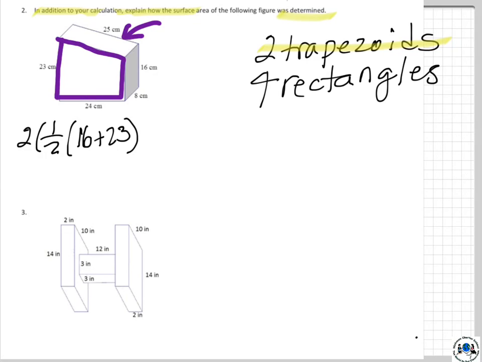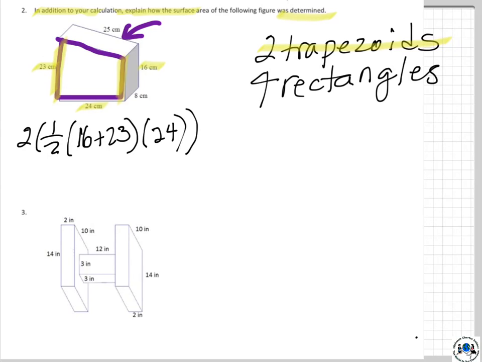Here again is my formula for a trapezoid. Remember, it's half, and then the two bases. This is the 23 and the 16, and then you multiply that total by 24, which of course is the height.